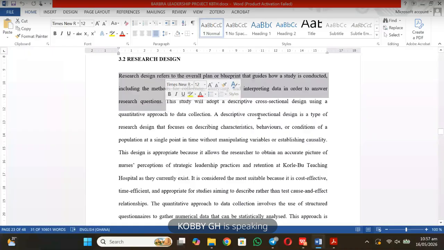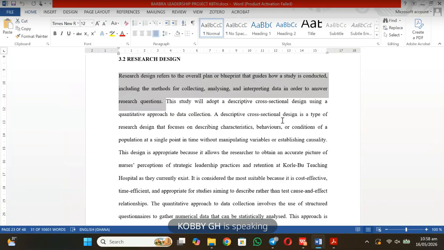So the first sentence: research design refers to the overall plan or blueprint that guides how a study is conducted, including the methods for collecting, analyzing, and interpreting data in order to answer research questions. So your first sentence, you define what research design means.